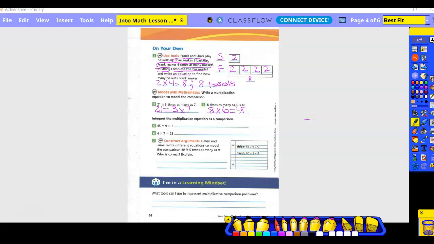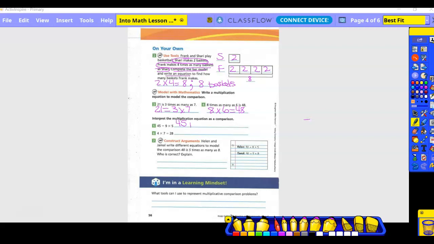Interpret the multiplication equation as a comparison. So they give us 45 equals 9 times 5. So basically up here we had to write the equation. Now they give us the equation and they want us to use the words. So we're going to start with 45. What does that symbol mean? Equal, we said, is what in words?